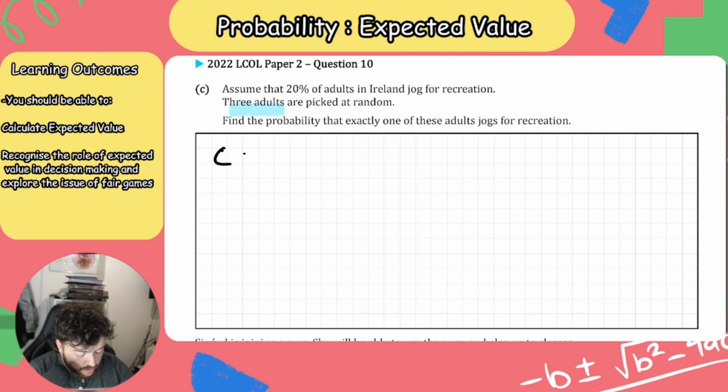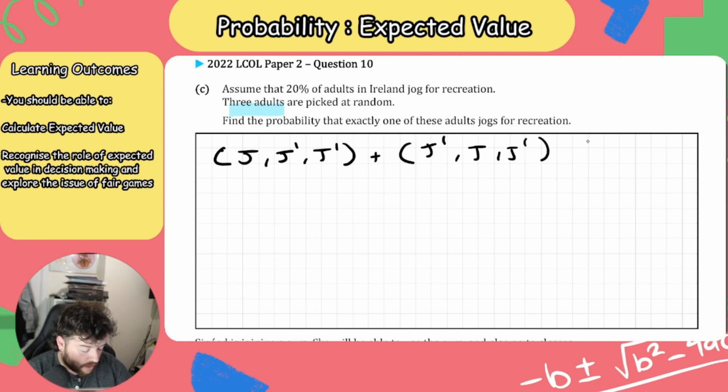So the first one could jog, not jog, not jog, plus not jog, jog, not jog, and then not jog, not jog, jog. 20% of Irish adults jog, which is 1/5.